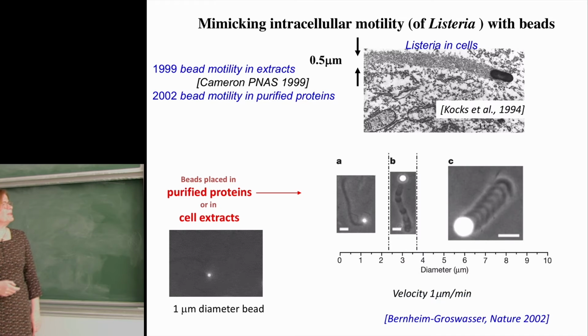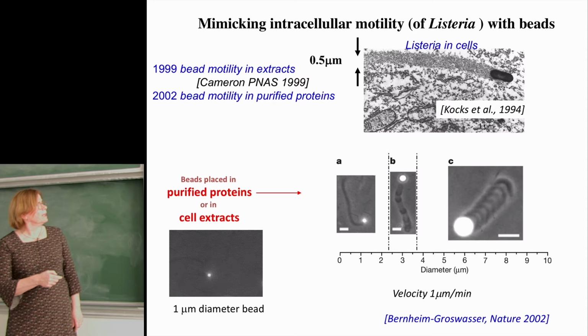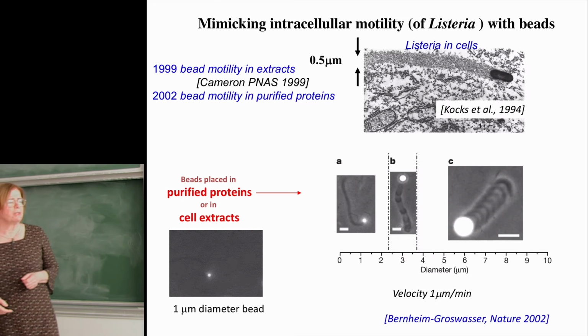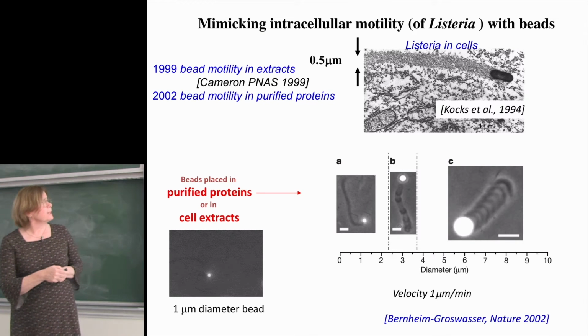In fact, we could reproduce the velocity of Listeria with beads, and here we vary the diameter of the bead. You see that we still obtain these trajectories when varying the diameter of the bead, but you also see what's called saltatory motion.